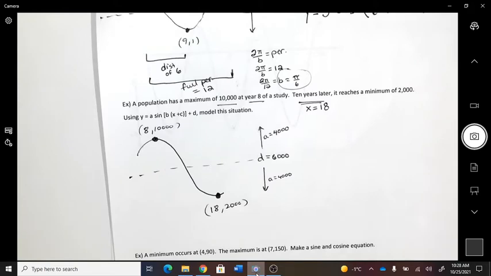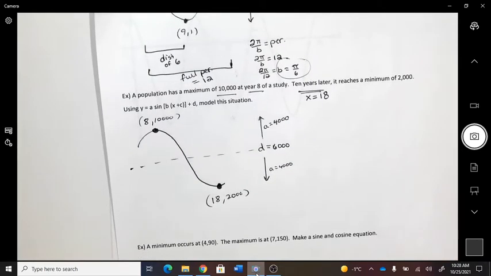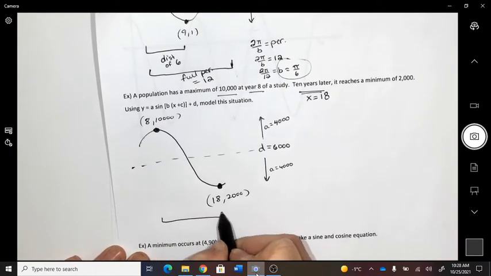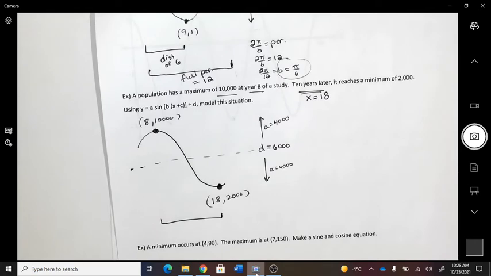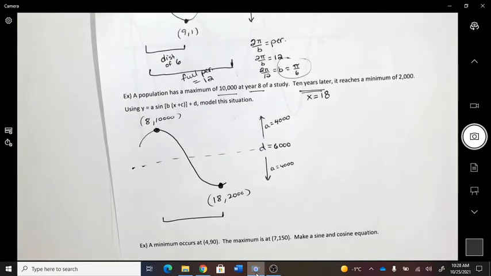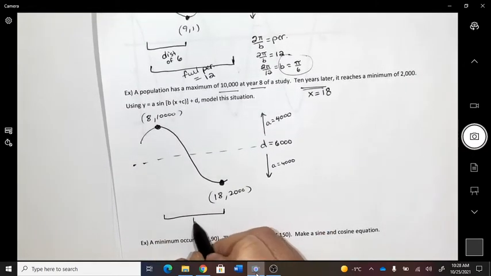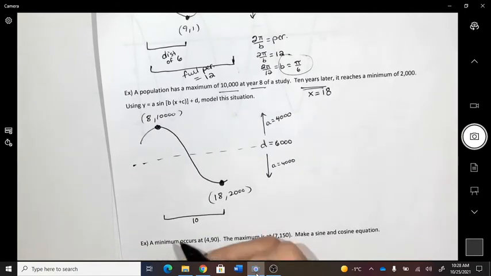So now that's my A, the D. Now let's do the period, the B value here. How much distance do we have there going on? From 8 to 18. So that's 10.